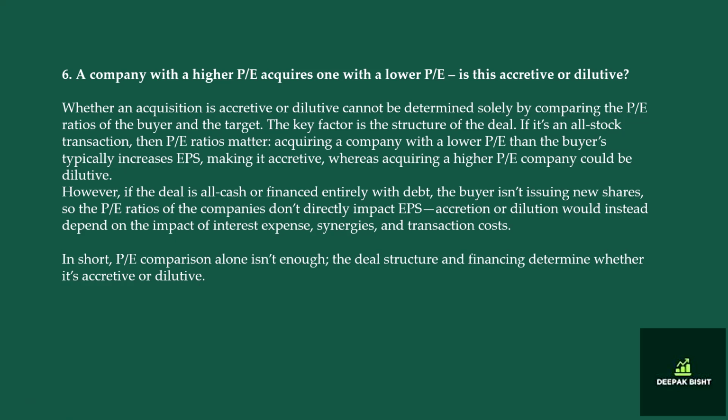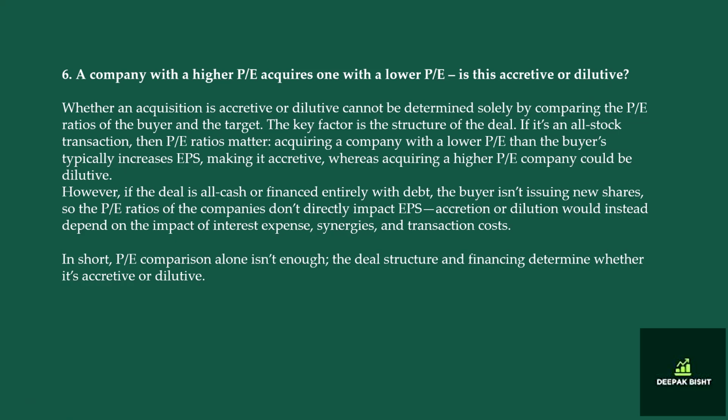Let's break it down step by step, by getting a detailed understanding of why the P/E ratio alone does not determine accretion and dilution. In accretive deals, the buyer's EPS increases post acquisition, and in dilutive deals, the buyer's EPS decreases post acquisition. EPS impact depends upon how the acquisition is financed and the relationship between purchase price and earnings contribution.